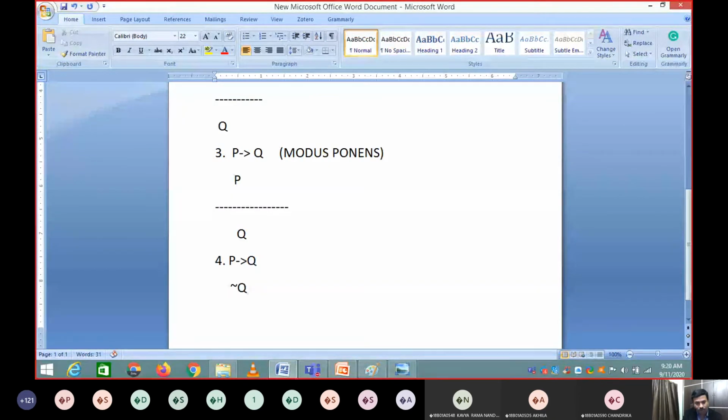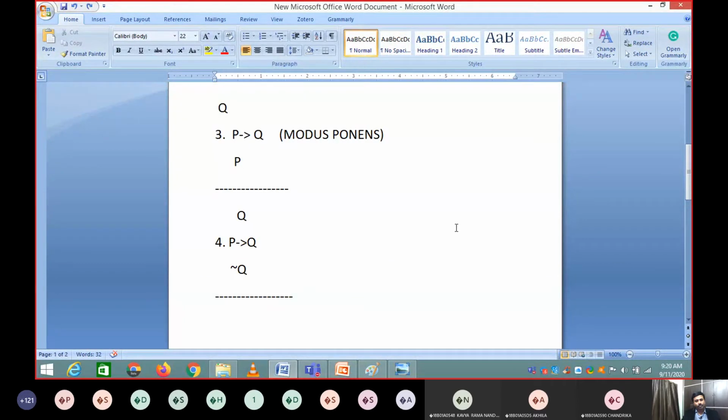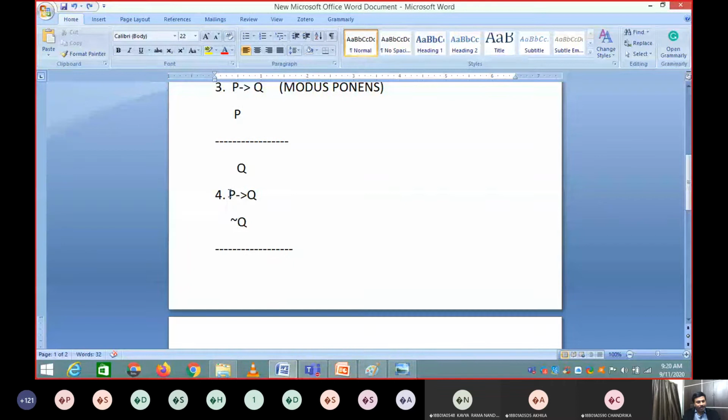You have these two statements. What can be the inference? Can somebody tell me? P implication Q was there and negation of Q was there. What can be the inference?